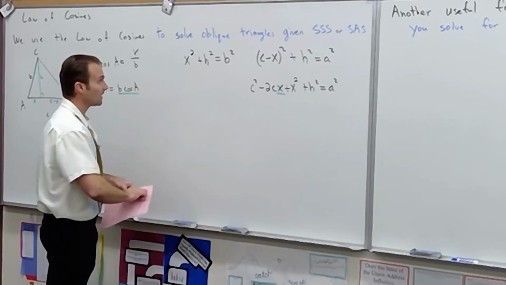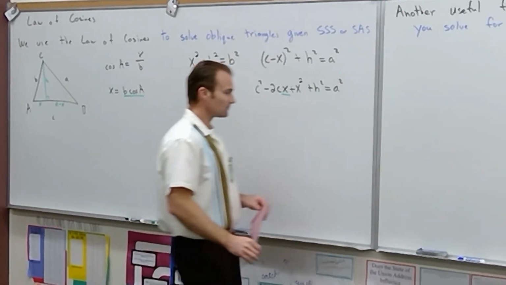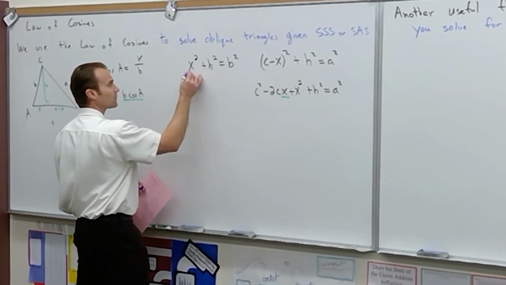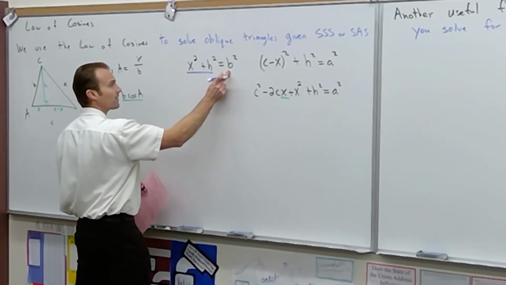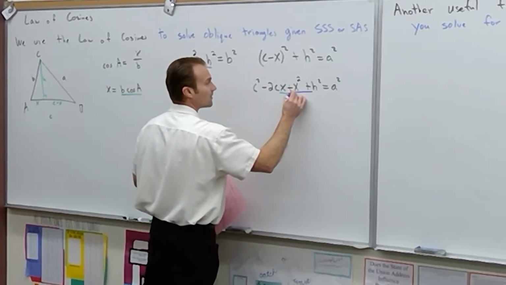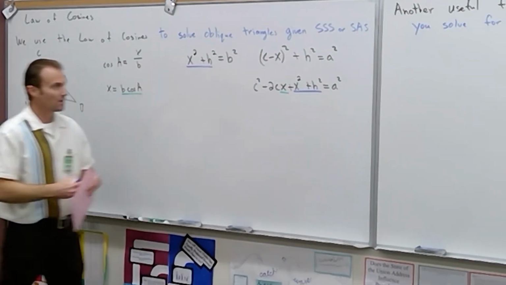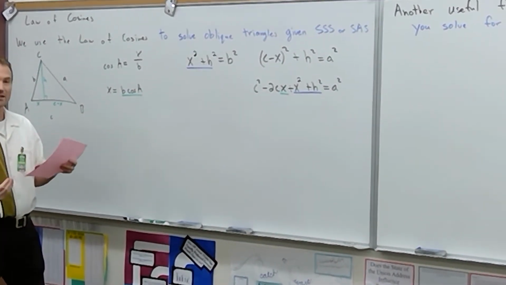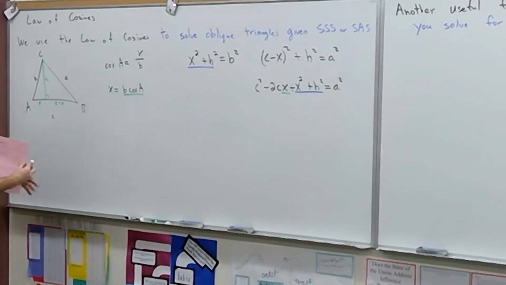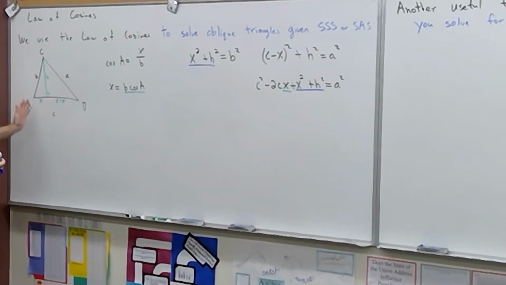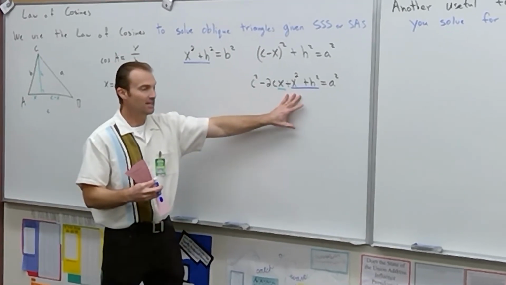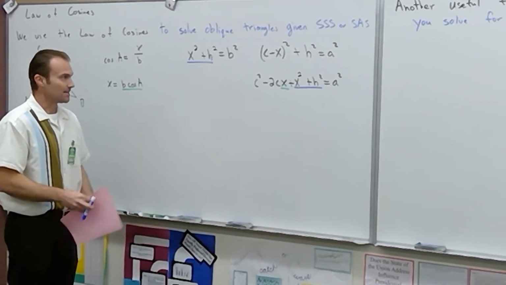And then I can replace x squared plus h squared with b squared. You notice the goal here is to get rid of the x's and h's, because the x's and h's weren't in the original triangle. The original triangle had a's, b's, and c's. So I'm going to be replacing all the x's and h's with a's, b's, and c's.